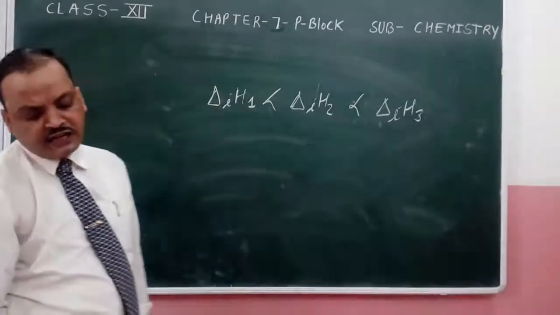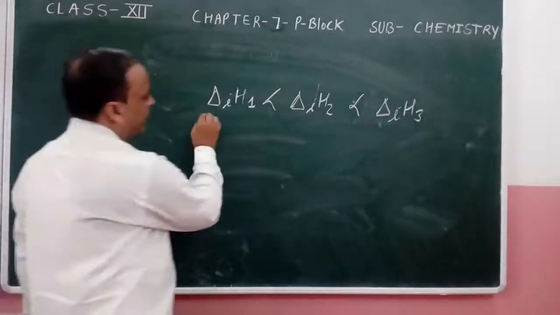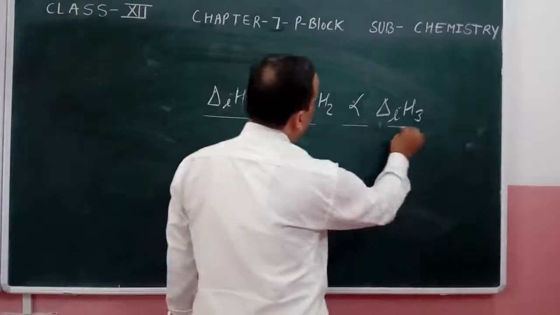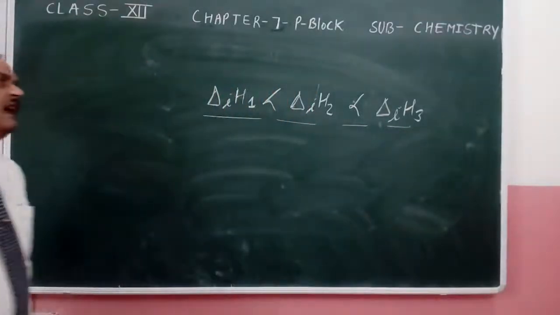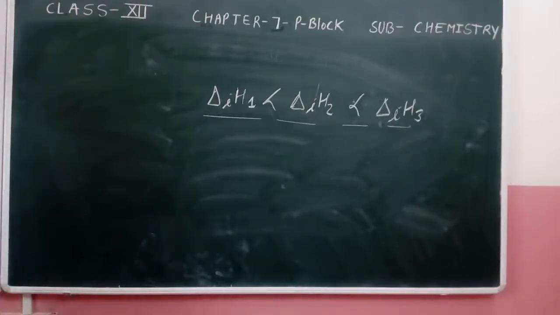Successive ionization enthalpies of these elements increase in this order. Why does this happen? Try to understand this reason.